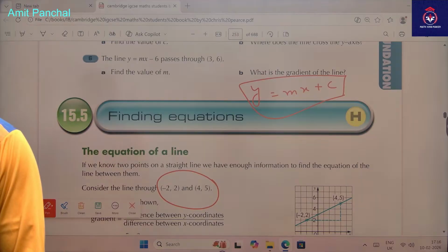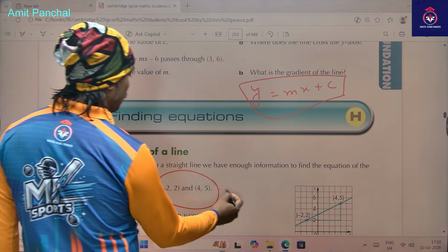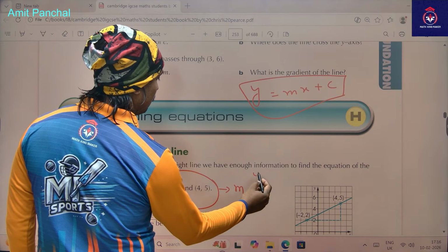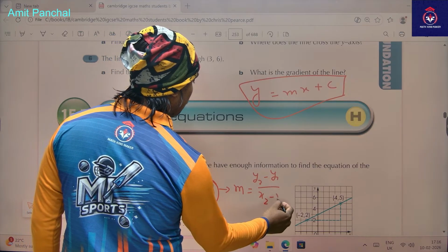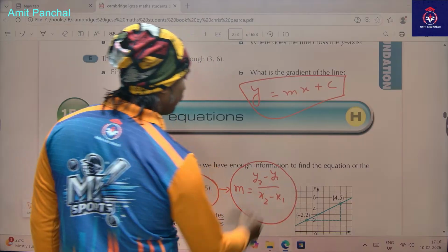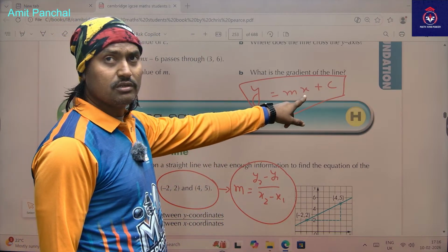Now you want to find the straight line passing through these 2 points. Can you find the slope of this line? Yes, I can. You need y2 minus y1 by x2 minus x1, right? Yes. So that will give you the slope, and straightaway this slope can be put in this equation.